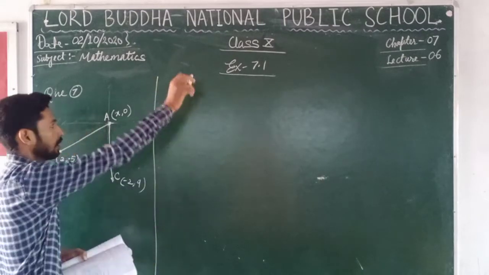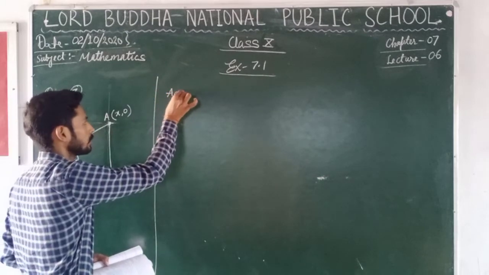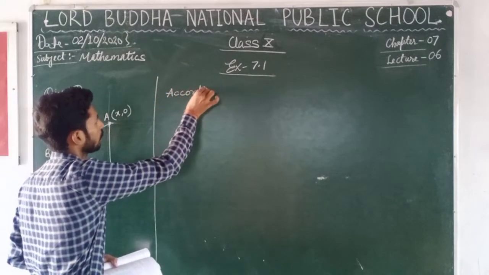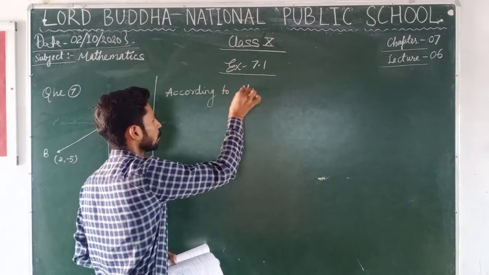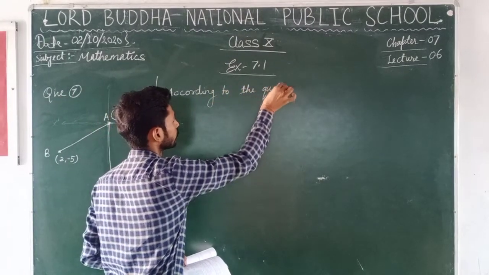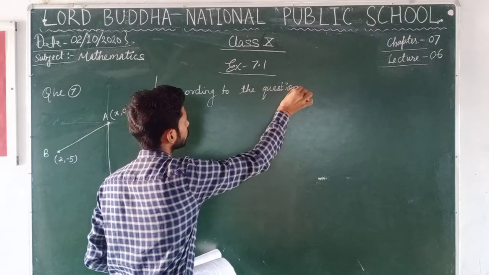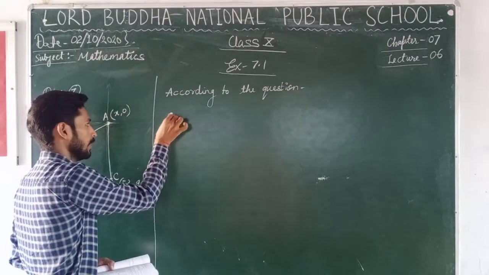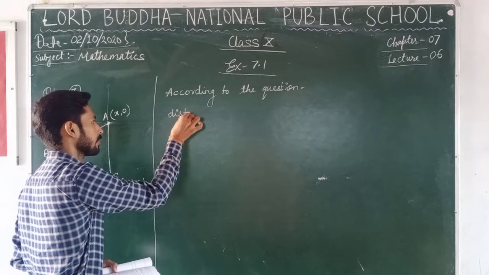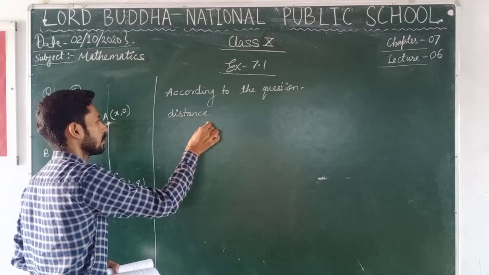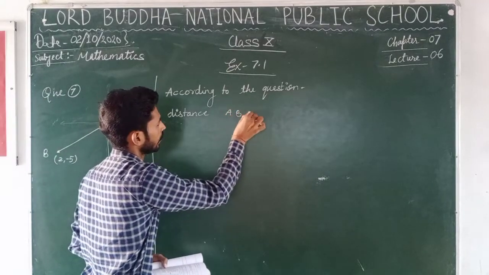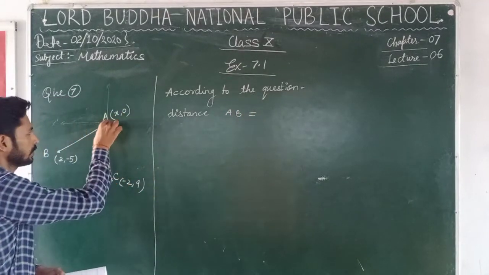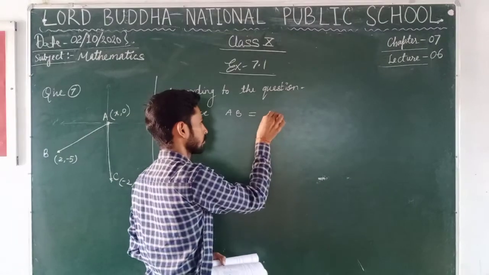So according to the question, distance AB is equal to distance AC.